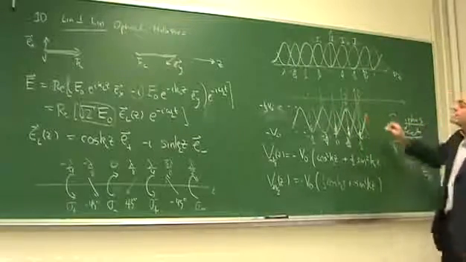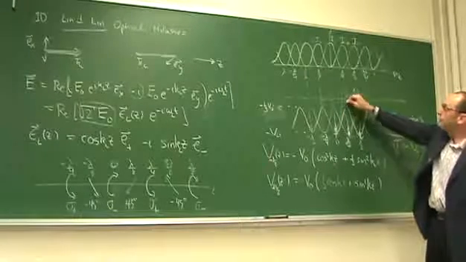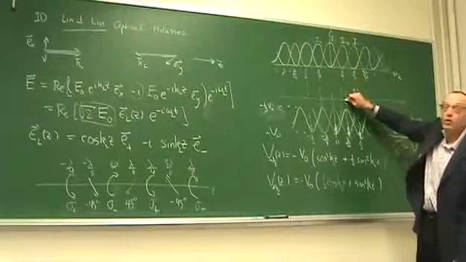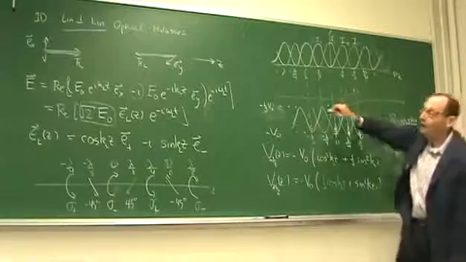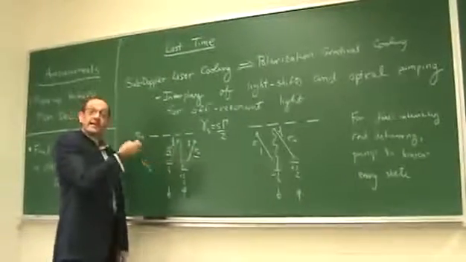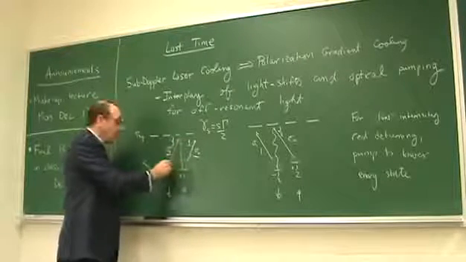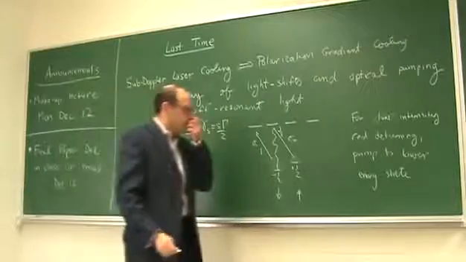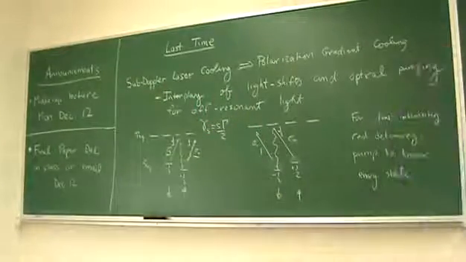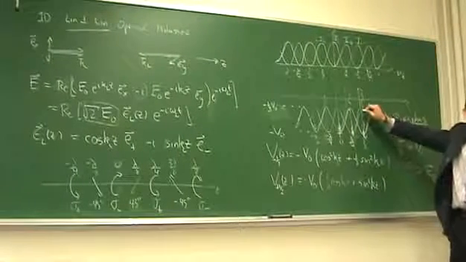But when all of a sudden this atom finds itself a quarter wavelength over, in the presence of predominantly sigma plus light, the atom will optically pump from spin down to spin up. And all of a sudden it will be in this potential well.